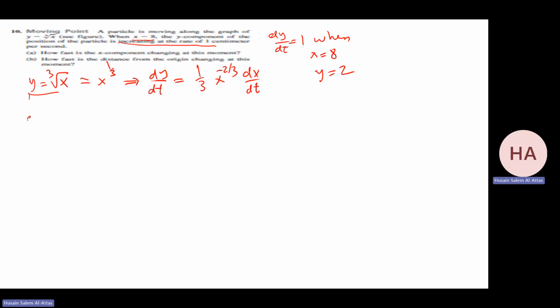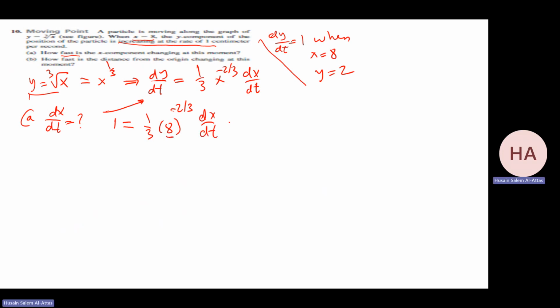So part A, he wants how fast the x component is changing. So I want dx by dt equal what? Given this, let's plug it here. I have 1 equal 1 over 3, 8 to the power minus 2 over 3, dx by dt, which is what I'm looking for.